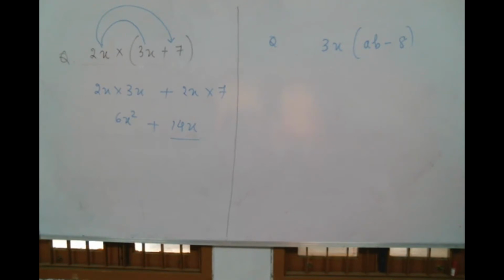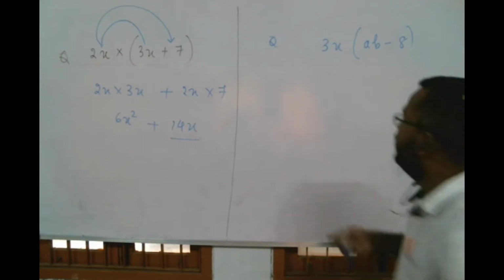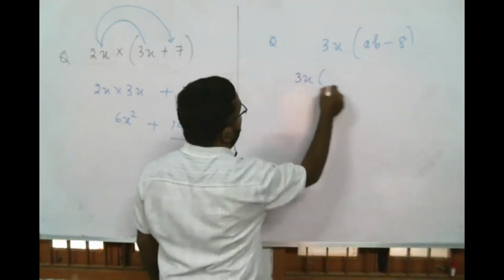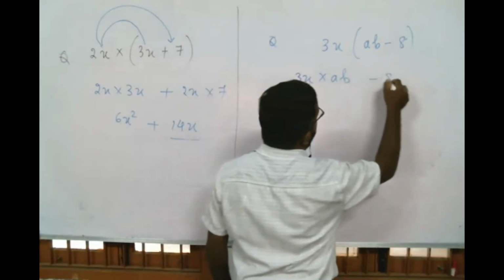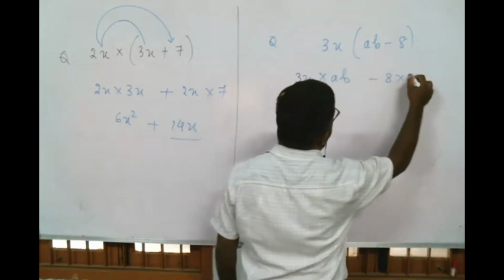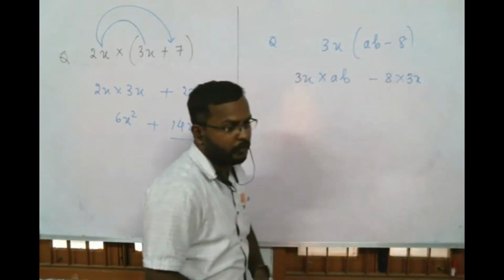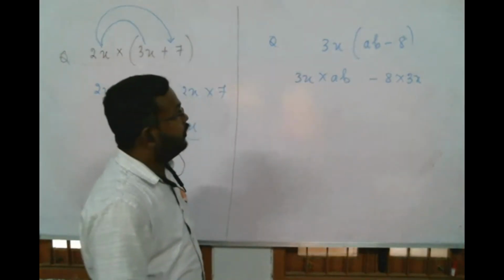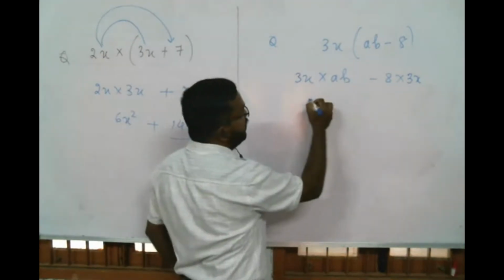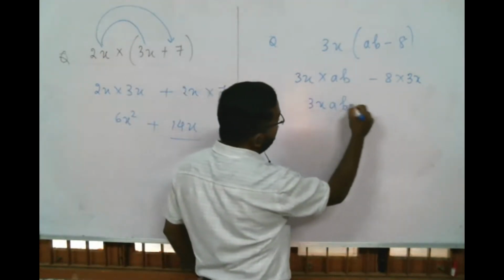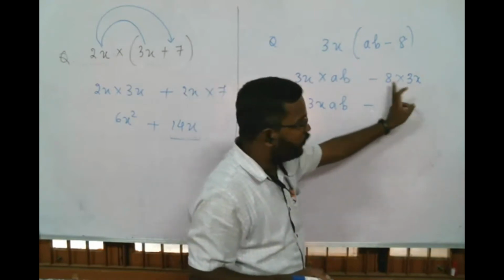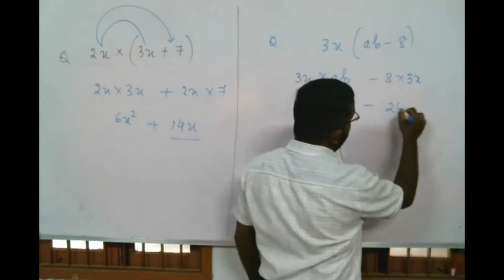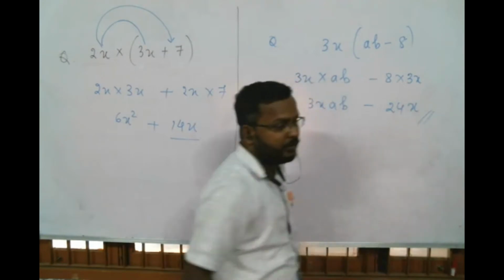Okay, very good. So again you have to use distributive property. 3x we have to multiply with ab also, minus 3x we have to multiply with 8 also. So 3x into ab you will get 3xab, minus 8 we have to multiply with 3x. 8 into 3 will get 24, and this x will remain as it is.